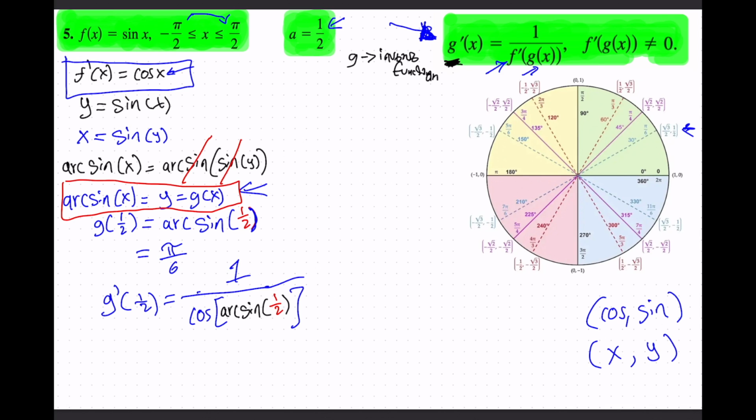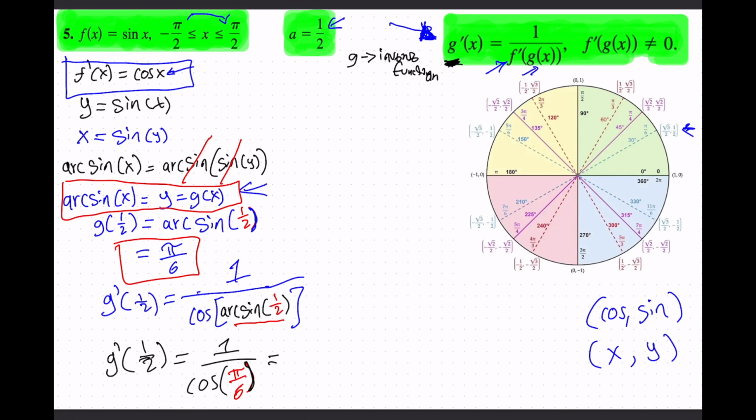So we have g prime of 1/2 is equal to 1 over cosine of arc sine of 1/2, which is simply pi over 6.